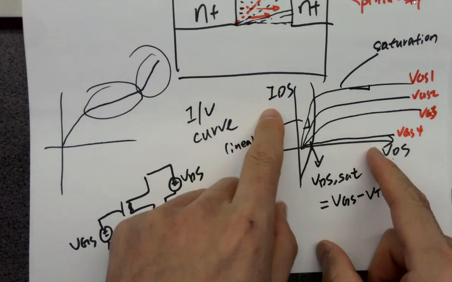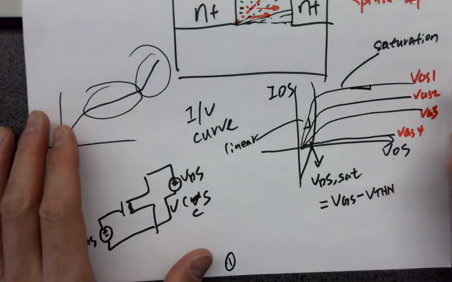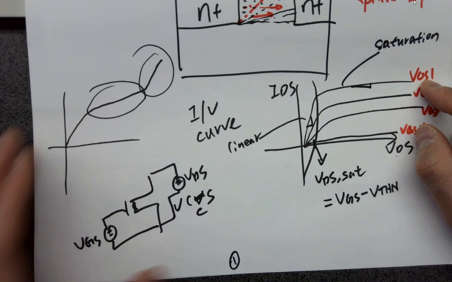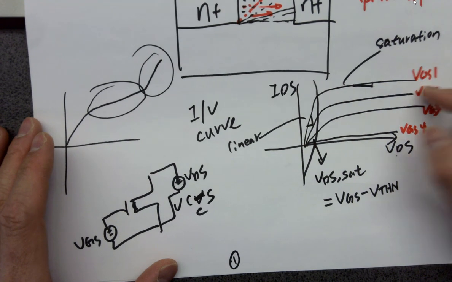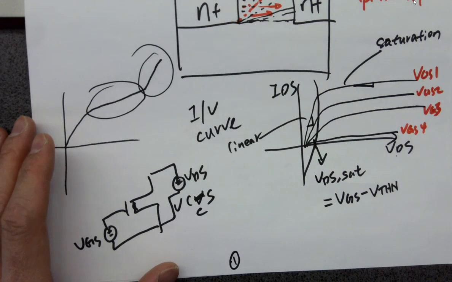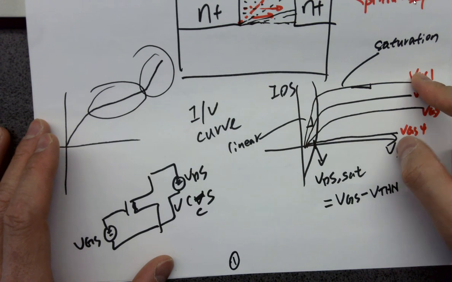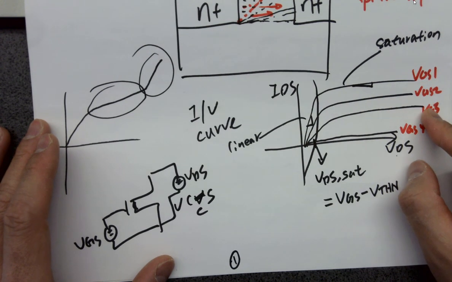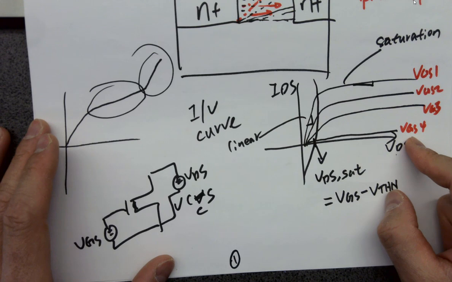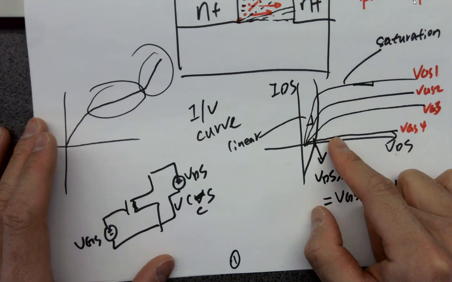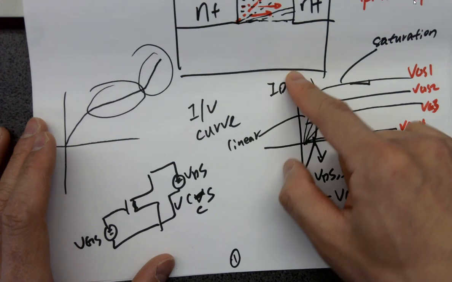This curve doesn't have a dimension for VGS, but it's running behind the scenes. If I give a bigger VGS, like 5 volts, it's going to run the curve like that. 3 volts, 2 volts, 0.5 volts. It's not working, providing a super low current.